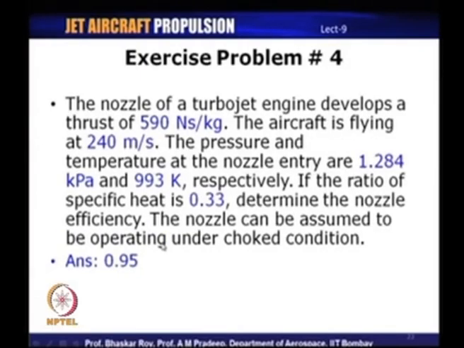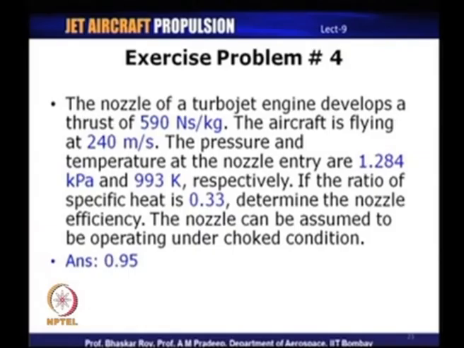And the last problem is a nozzle of a turbojet engine. It develops a thrust of 590 Newton second per kilogram. The aircraft is flying at 240 meters per second. The pressure and temperature at the nozzle entry are 1.284 kilopascals and 993 Kelvin respectively. If the ratio of specific heats is 0.33, determine the nozzle efficiency.